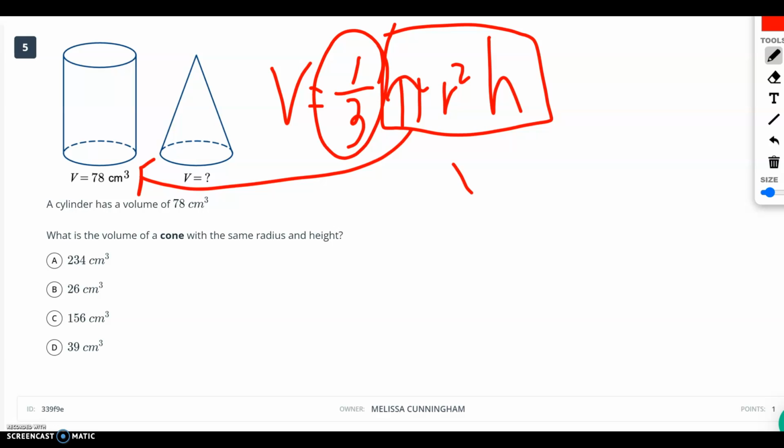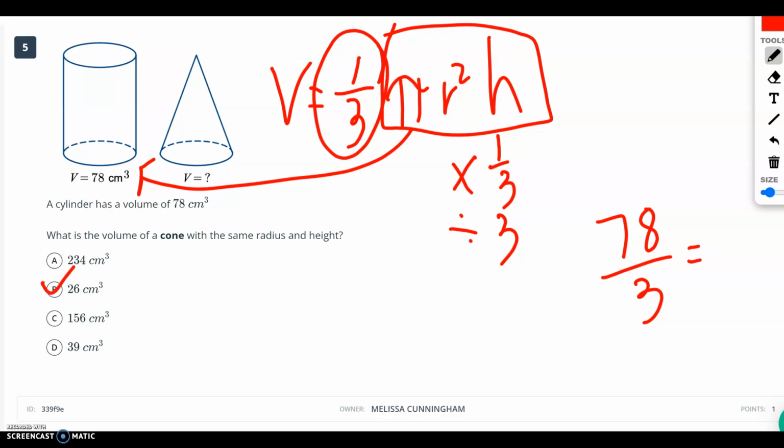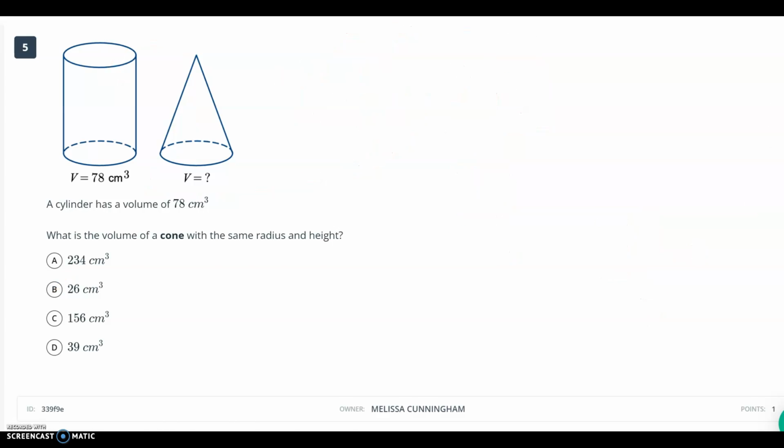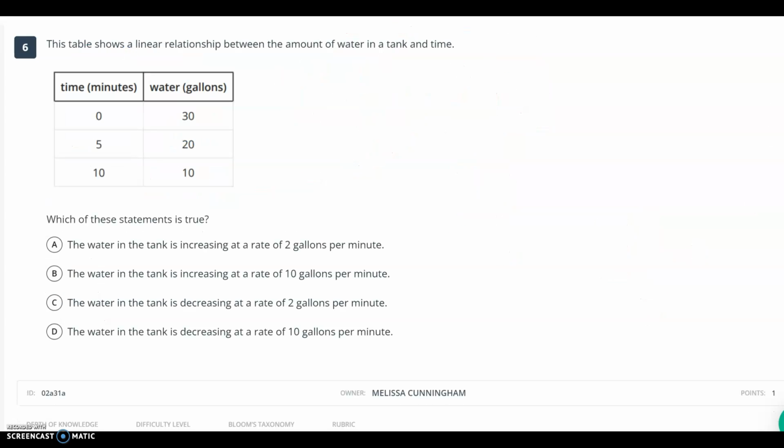And we talked about how if we multiply something times 1/3, it is the same as dividing by 3. So all we're really doing here is taking 78 and dividing it by 3. And when we do that, we get the correct answer of 26 centimeters cubed. Remember, that's because if we took this cone and poured it in here, it would take 3 of them to fill that up. All right, on to question number 6 right here.